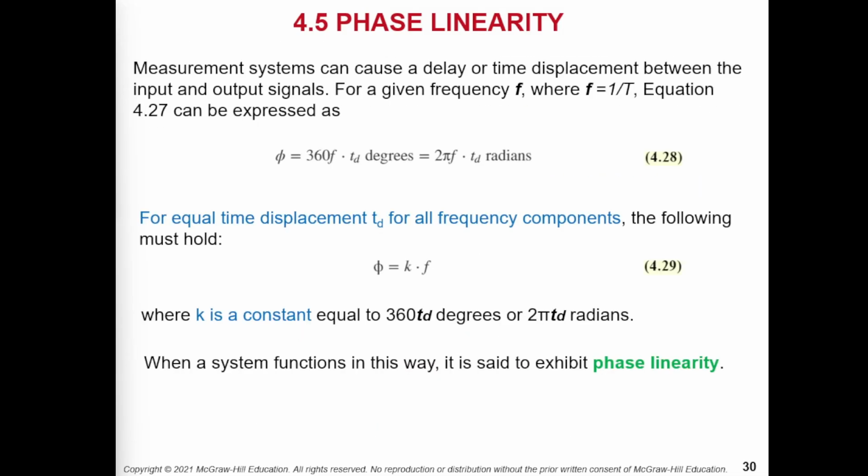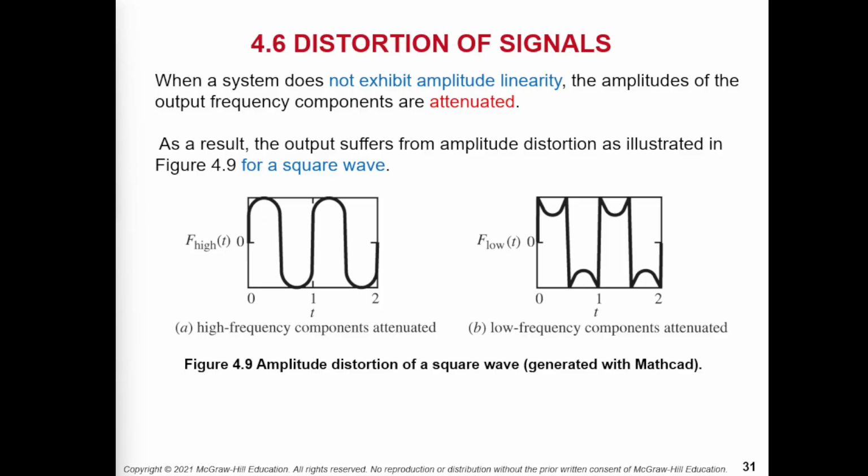After an equal time displacement TD, if the phase is the same, 360 TD or 2 pi TD is the same and constant, that means you have phase linearity.